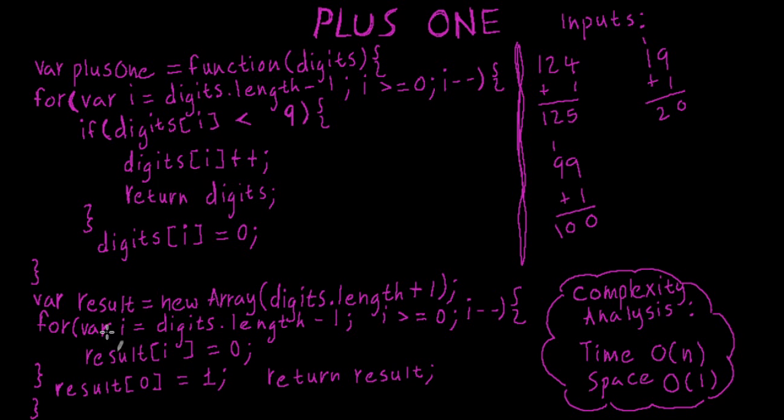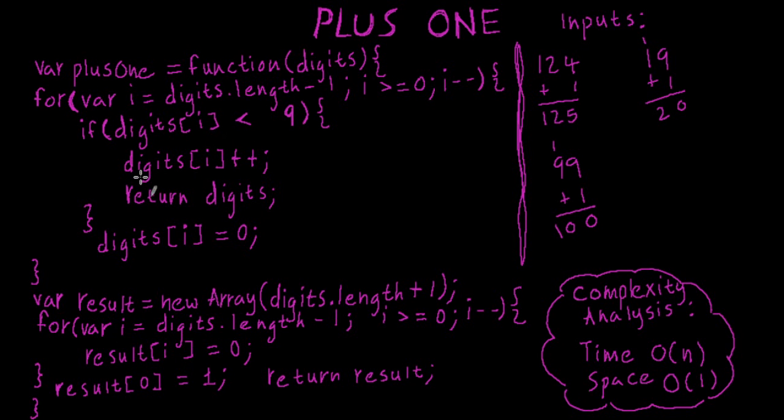Okay, so I have my solution written out here, and let's walk through the input examples, and I'll be explaining my intuition as I walk through. Starting off with the input 124, first we traverse the input array from the end of the array, so we're going from the right side, and we ask if digits[i], that is the current element, which in this case is 4, is less than 9.